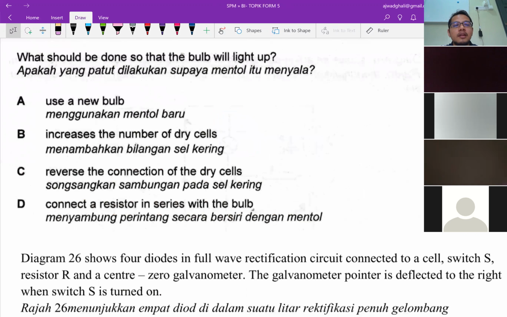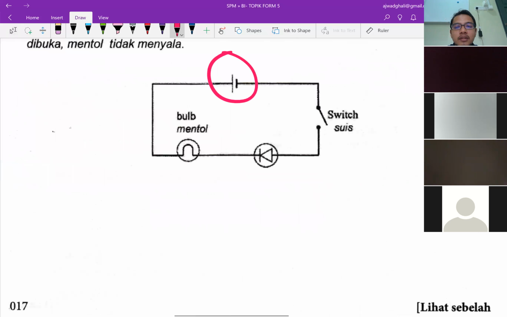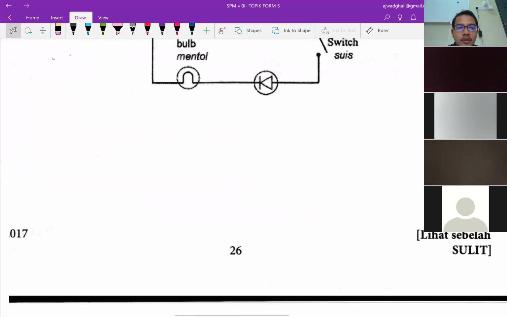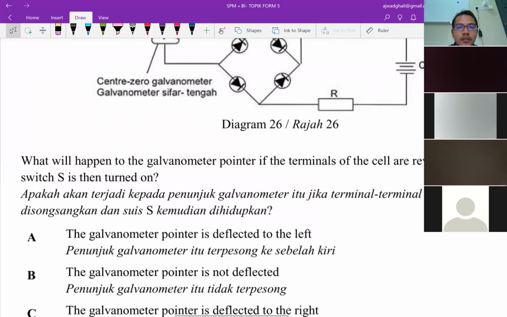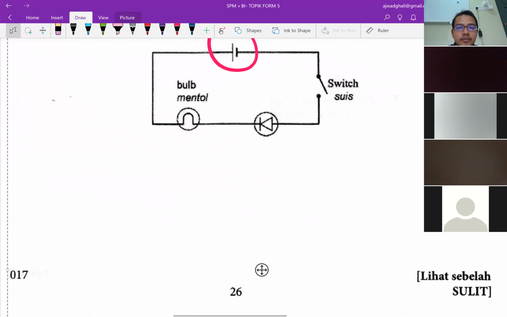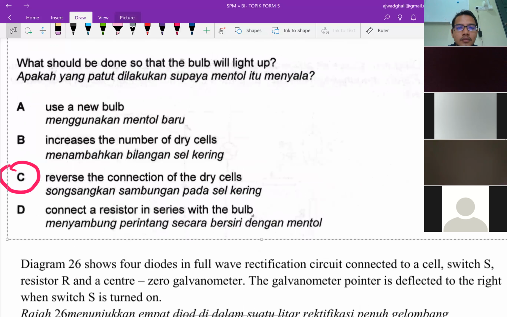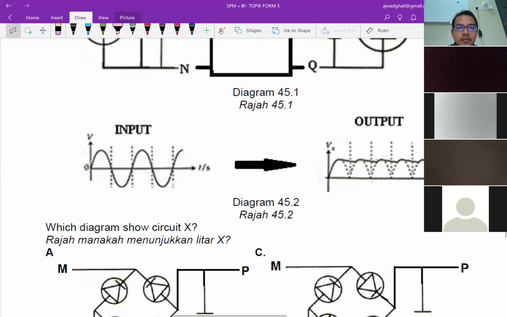Okay, the answer is reverse the connection of the dry cell. There are two ways actually. Either you reverse the dry cell or you reverse the diode itself. Two ways, ada dua cara. Reverse the diode also can, reverse the dry cell also can.